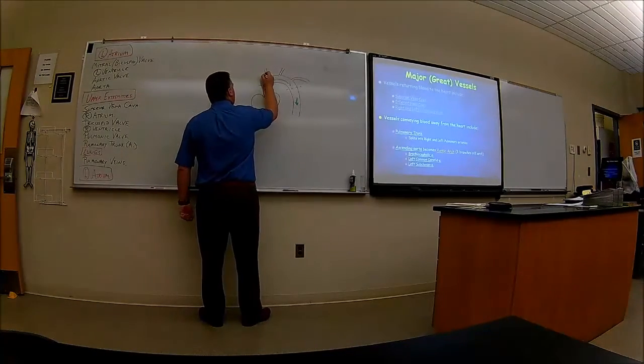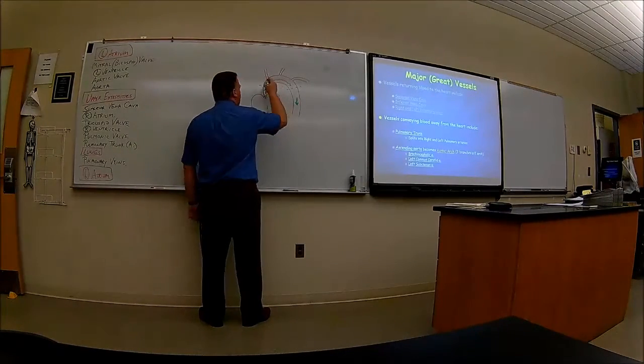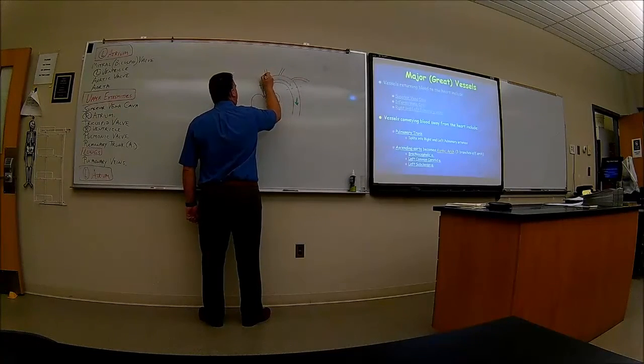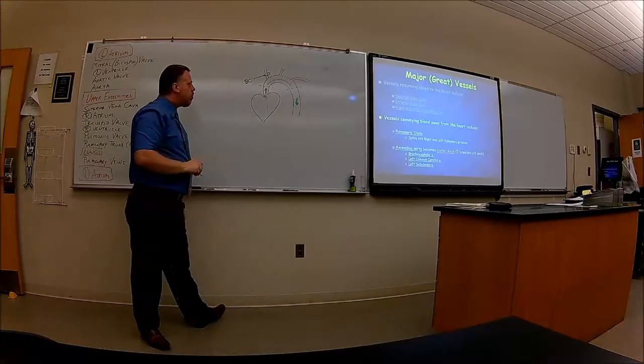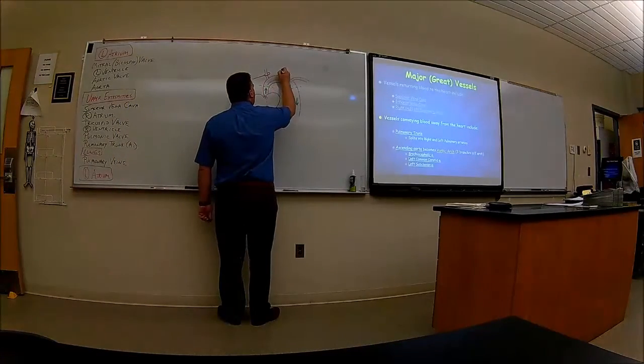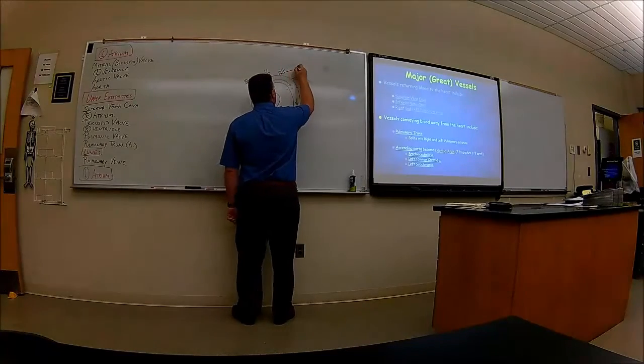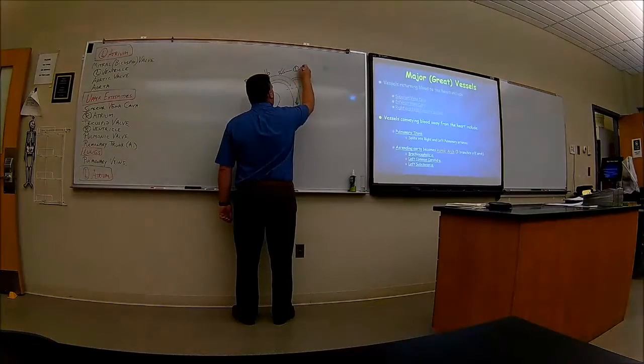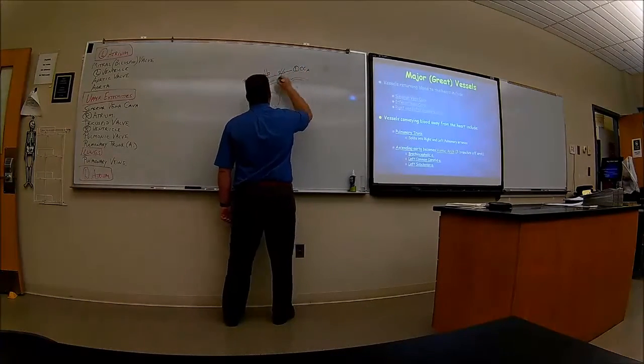The first branch, and I'm just going to abbreviate to speed up time, the first branch is called the brachiocephalic artery. The second branch is going to be the left common carotid artery.